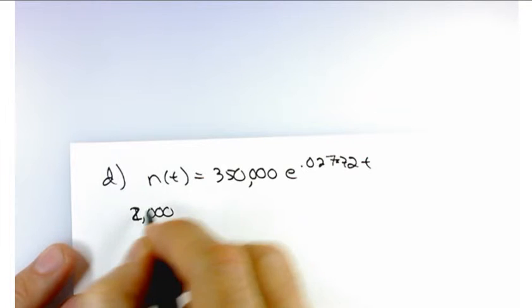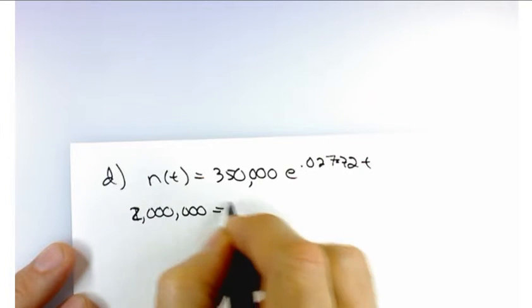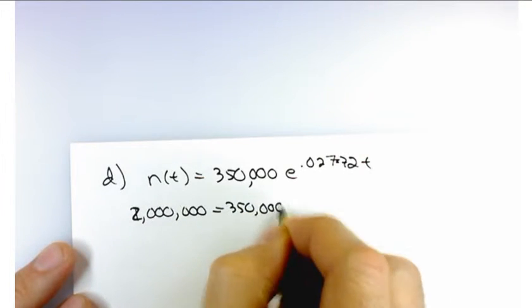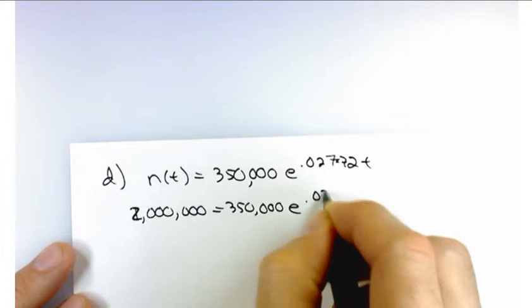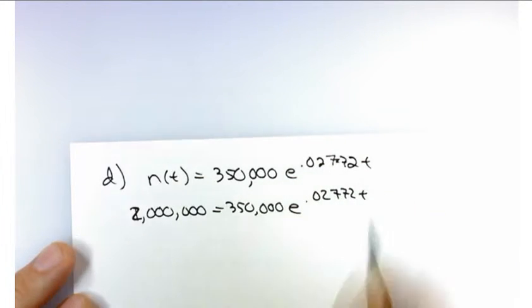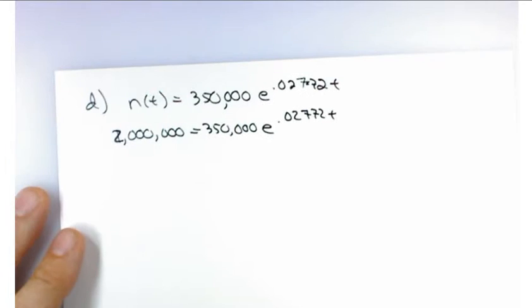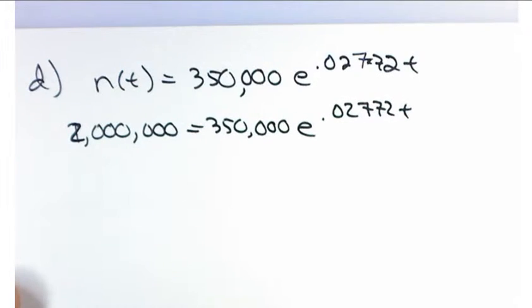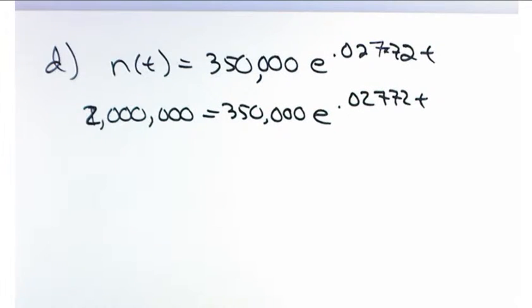So N of T is 2 million, equal to 350,000 e to the 0.02772 T. So go ahead, solve for T. Solving for T here should be pretty much like solving for R in part B. Divide both sides, take logs, divide again.